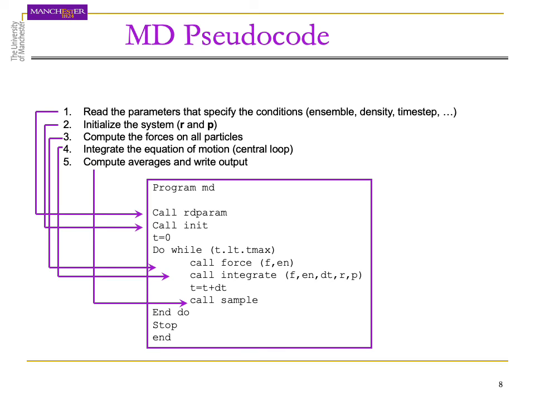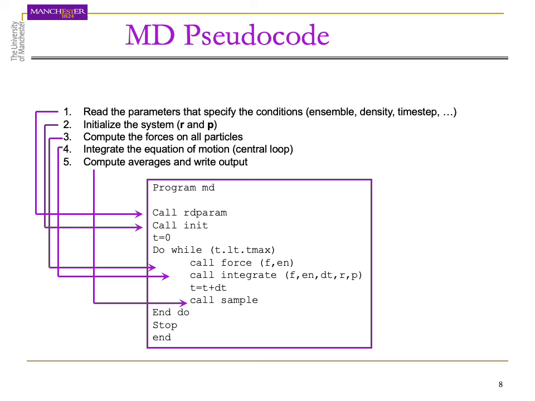So in this case, a typical molecular dynamics simulation code will look like the pseudocode presented here. Of course, it will depend on the specific programming language, and there will be other modules included, but the structure, the backbone of any MD code is going to be like this.